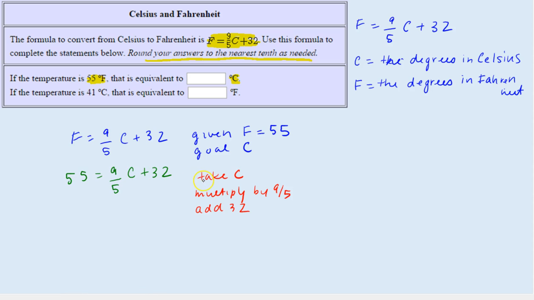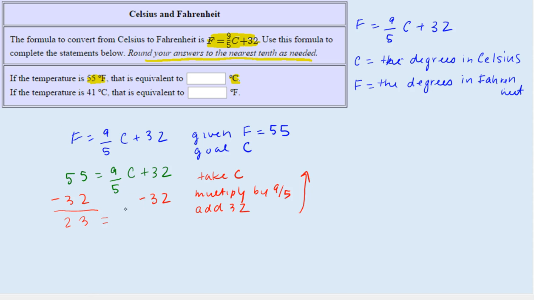So now, since we want to find the Celsius value by itself, we're going to reverse this process. So instead of adding 32, we're going to subtract 32 from both sides. On the left, we get 23.